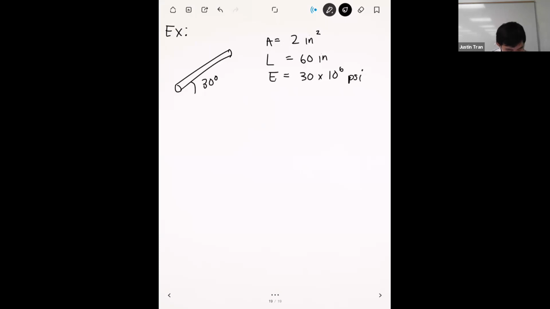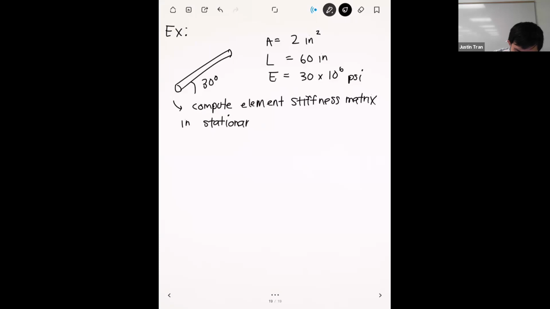From here, we're just going to take this one element by itself. Let's compute its element stiffness matrix in the stationary coordinates.